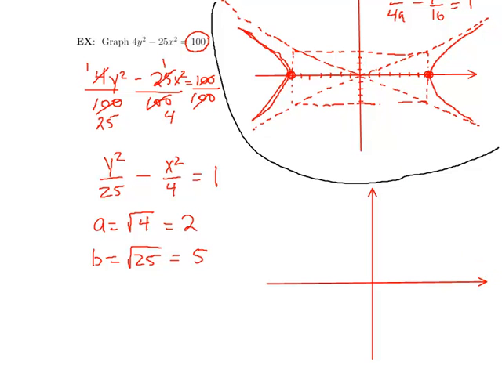So my guide box is going to go left and right 2 and up and down 5. So draw the box with those dimensions and then draw the diagonals.